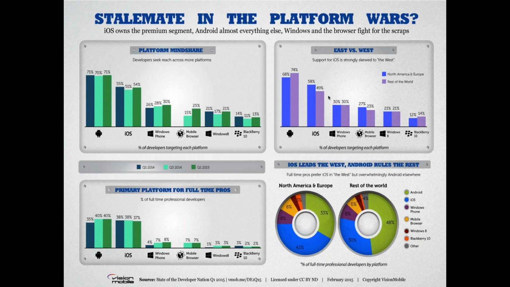In North America and Europe, the lead primary platform is iOS. In the rest of the world, it's clearly Android. So iOS and Android is premium segments versus reach, and it's East versus West. And that seems to be a fairly safe prediction for at least the next 12 months.